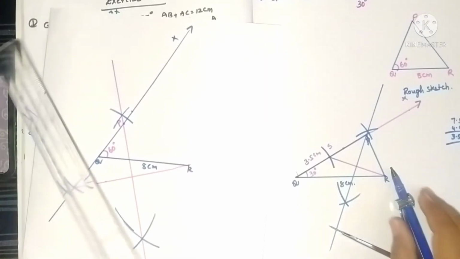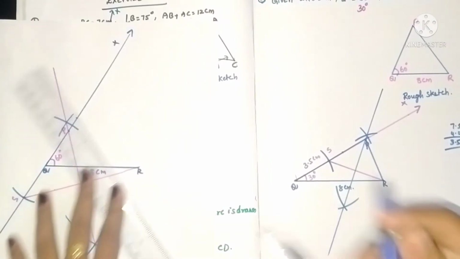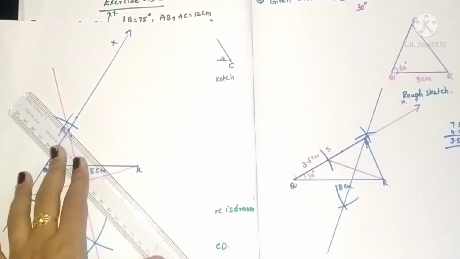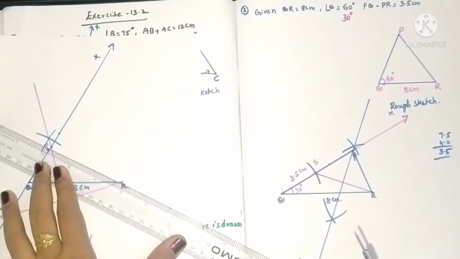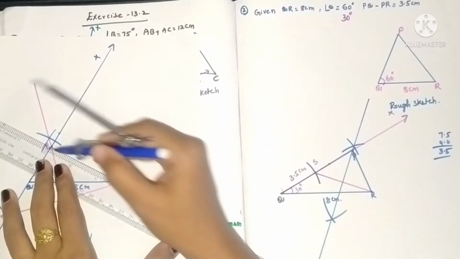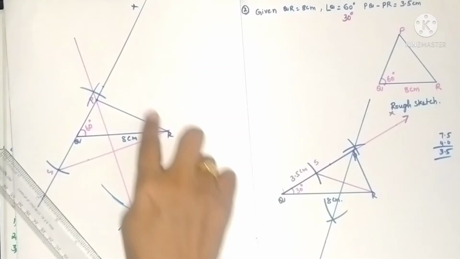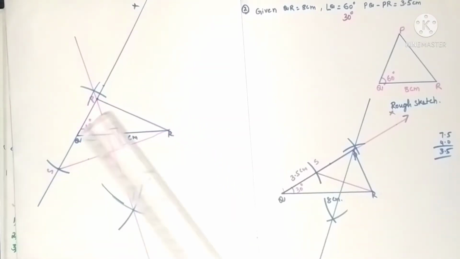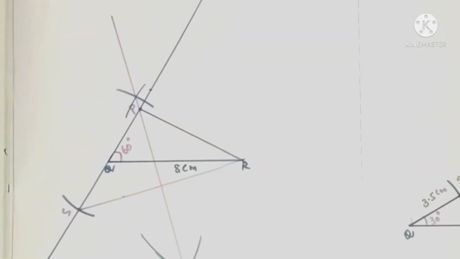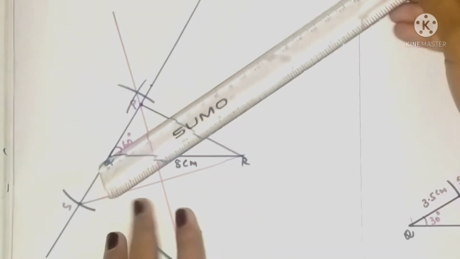Okay. So now just join P and R. So this is the required triangle PQR. Okay. Now measure PQ.